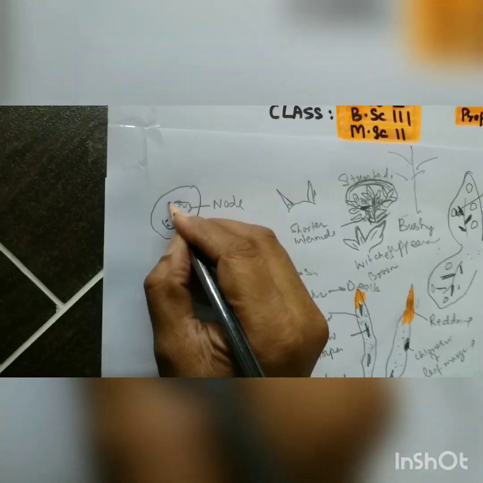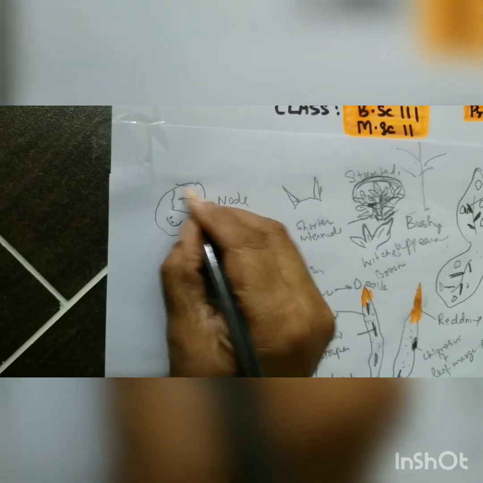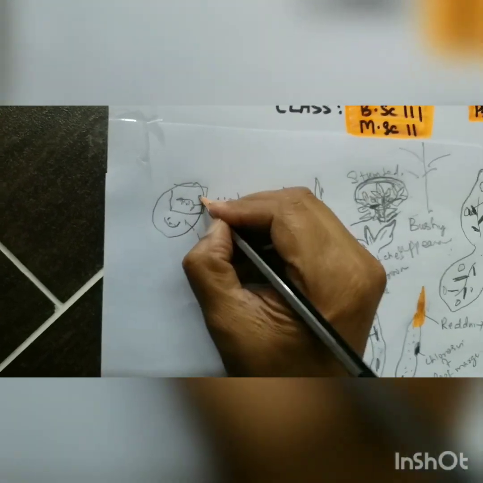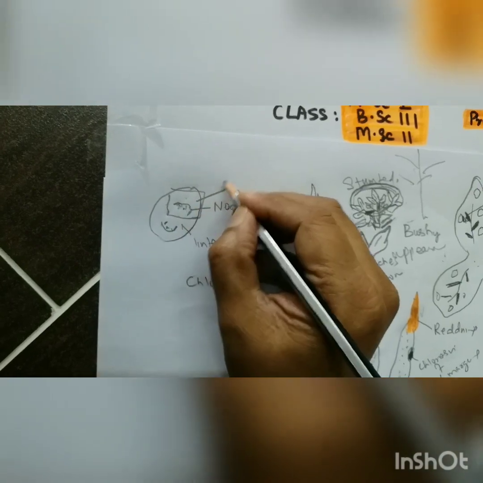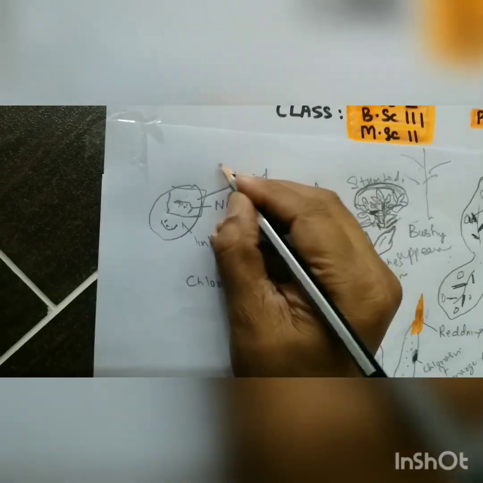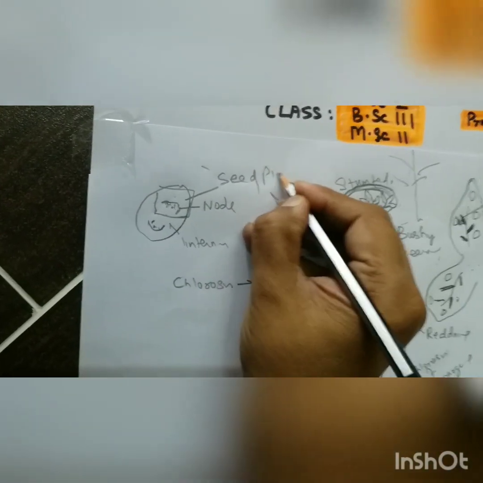And when this is the mother axis and we cut it at a right angle, the piece which consists of two internodes and one node is called a seed piece. So this is the seed piece which I am talking about.